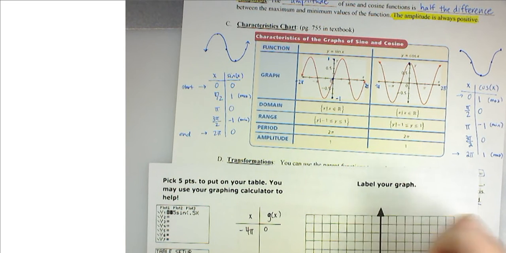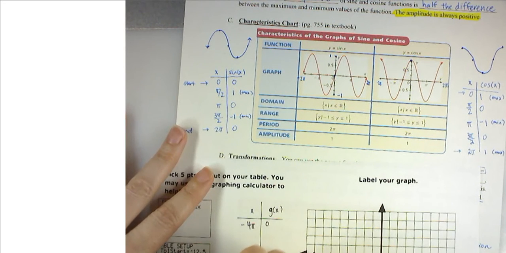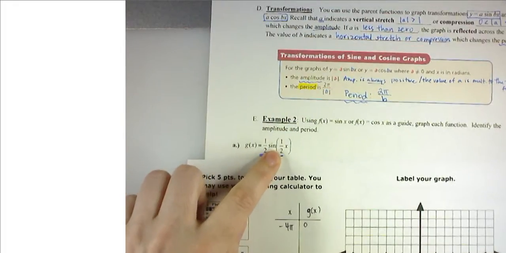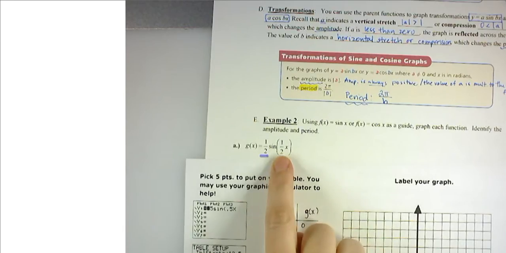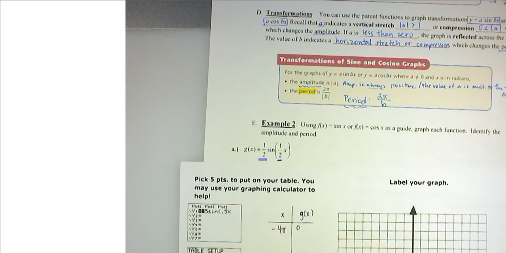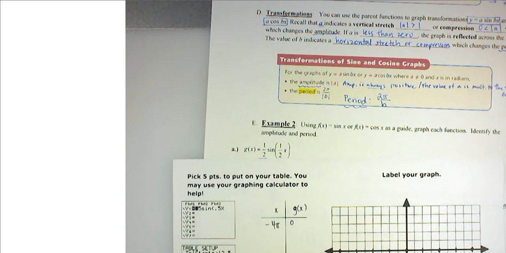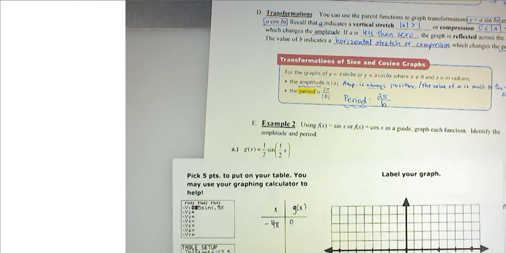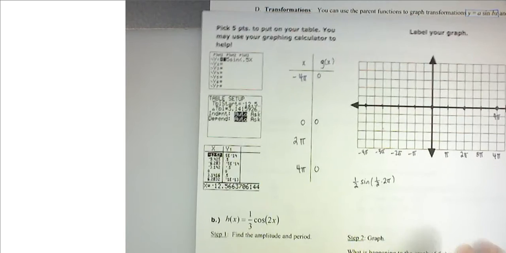And if I plugged in 2 pi to my graph here, 1/2 times 2 pi, I'm just going to write some of that work down. So if I did 1/2 sine of 1/2 times 2 pi, okay, then 1/2 times 2 pi would be pi.